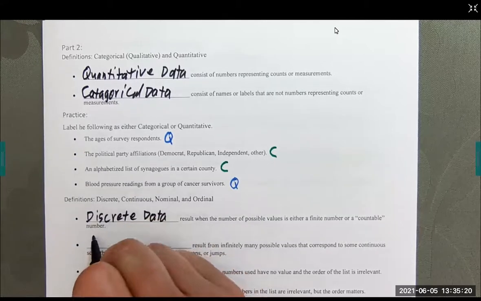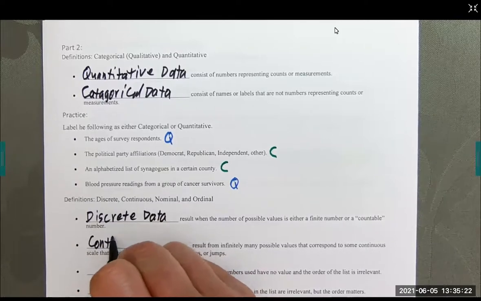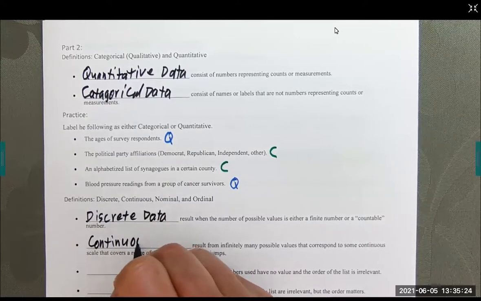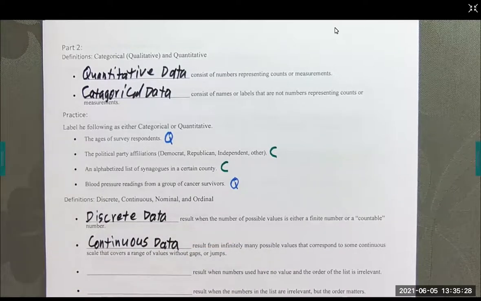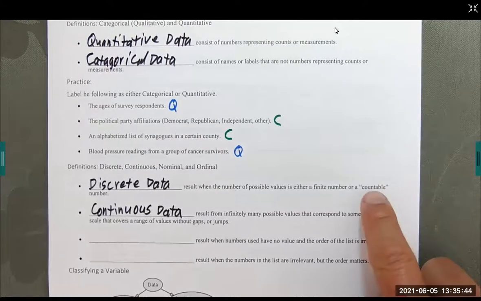Versus continuous data. It results from infinitely many possible values that correspond to some continuous scale that covers a range of values without gaps or jumps. Discrete is going to be things that can literally be counted. So just kind of keep that in mind that it's countable. That's the key word with discrete.